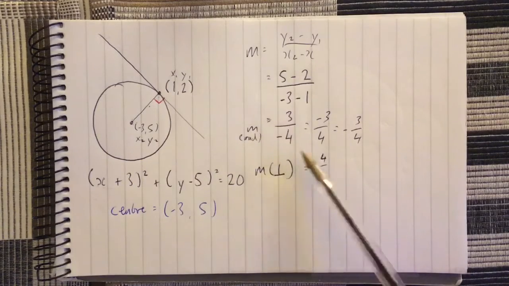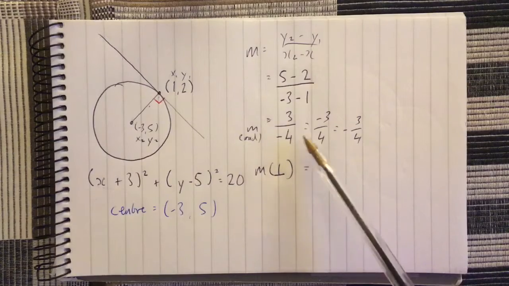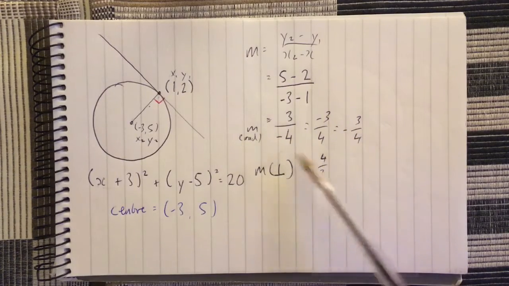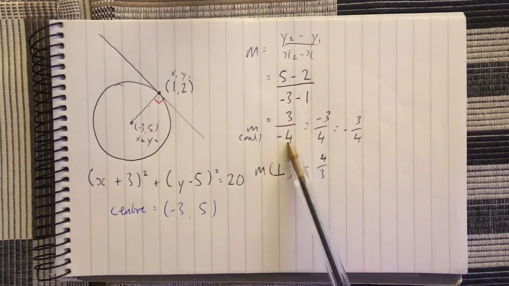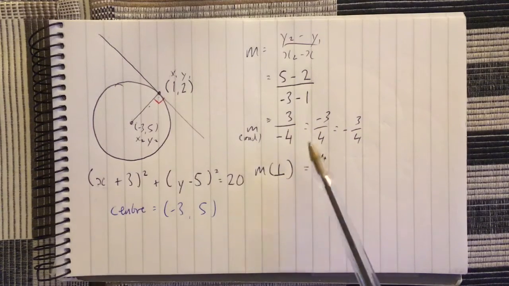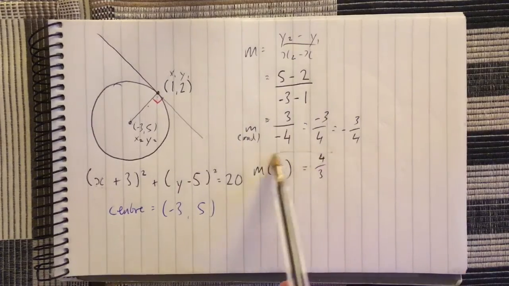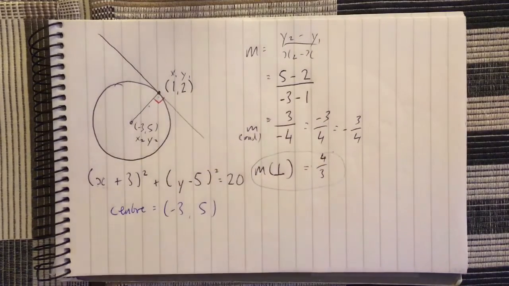So in a fraction like this, as long as there's only one minus, it doesn't really matter where it is, whether on the bottom, the top, or out in front. It all means the same thing. So this is negative 3 over 4. If you're changing the sign, you will end up with positive 4 over 3 because you're flipping it. So that's the slope that needs to go into the equation of the line formula.